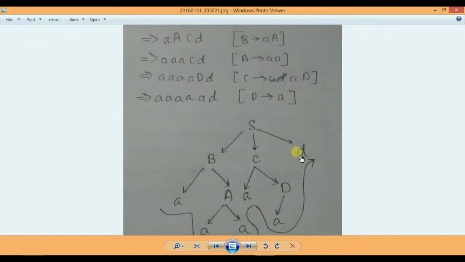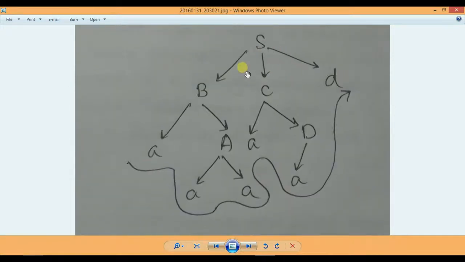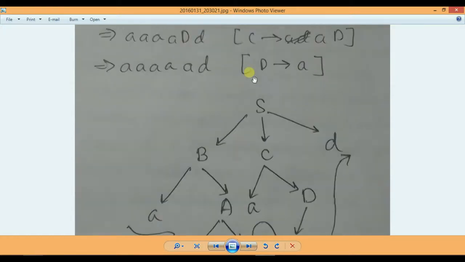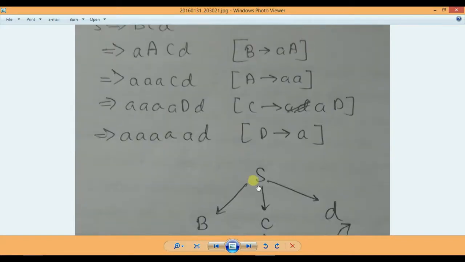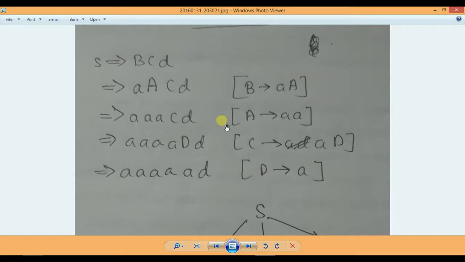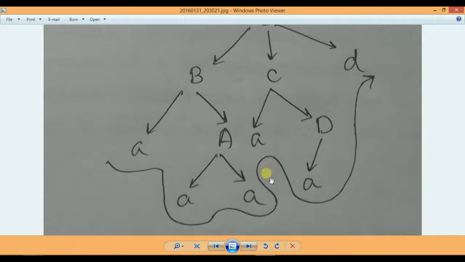An important thing I should state is, before you go on to the parse tree, it's very important to first compute the derivation. After computing the derivation, it becomes really easy to make the parse tree. And in your examination, I suppose it will be compulsory to figure out the derivation first, to write it down before proceeding to the parse tree. This is the concept of parse tree. It's pretty simple. Now let's move on.